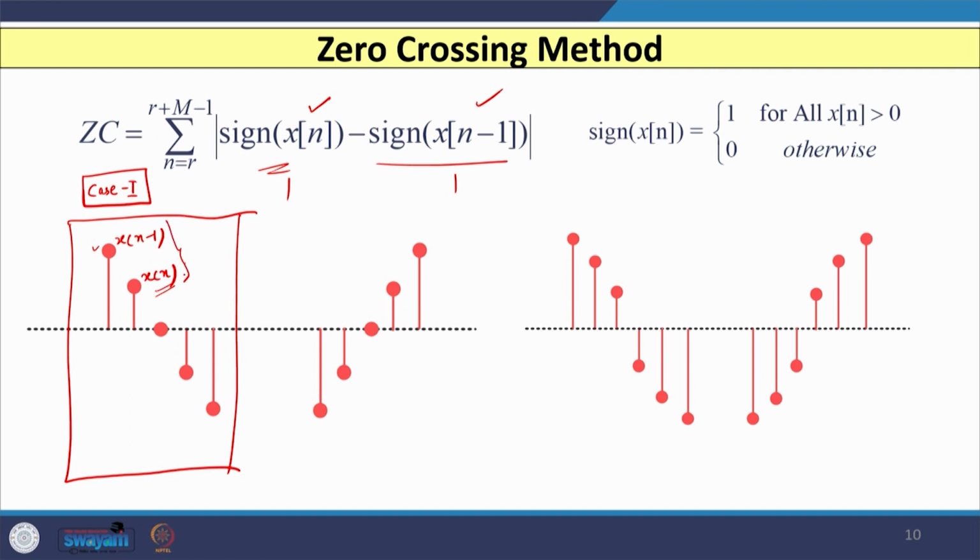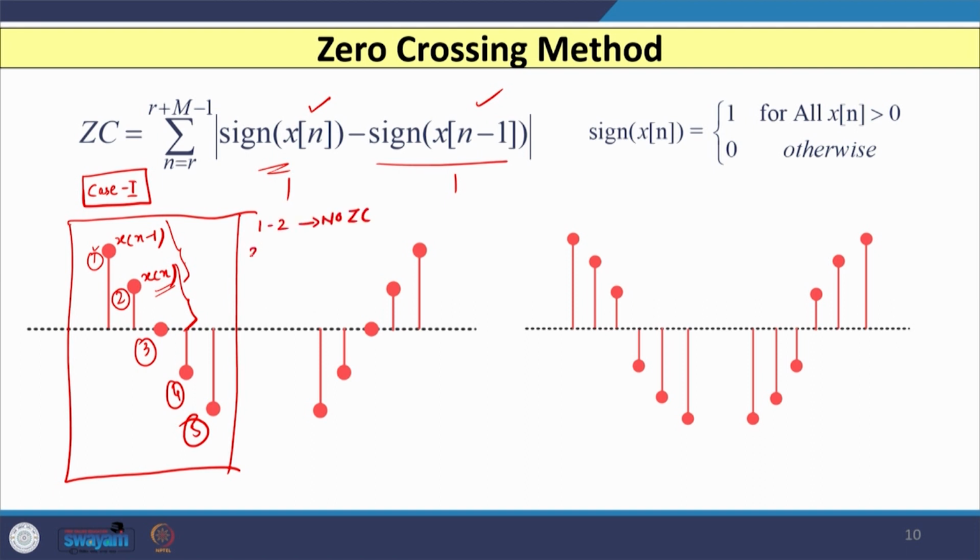Now, let us say this is sample number 1, sample number 2, sample number 3, 4 and 5. When you consider sample number 1 and 2, you will have 0 value, there is no zero crossing, no ZC.